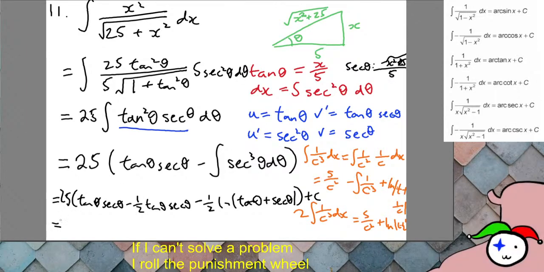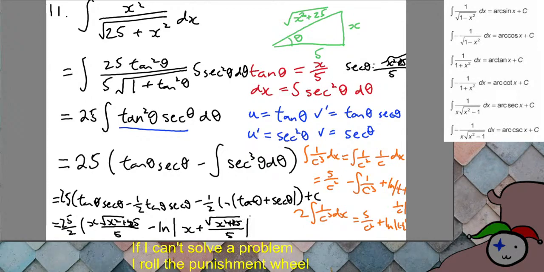So you end up with 25 over 2 of x times square root of x squared plus 25 over 5, minus the natural log of x plus square root of x squared plus 25 over 5, plus c.